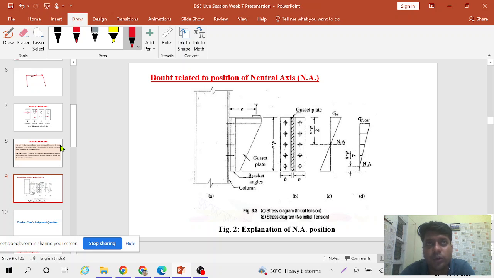And wherever you are designing the connection, in that part we check all those criteria. Let us suppose 3 members are meeting at a joint, means on a gusset plate 3 members are meeting. In any one numerical problem, we are only dealing with a single portion. We are not considering the entire portion.